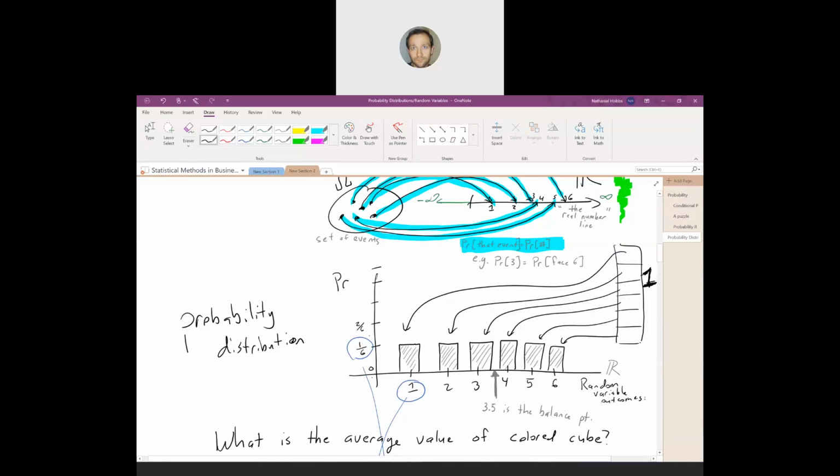So if you chop this 1 up into 6 equal pieces, then for each piece you have 1/6 of the original one.